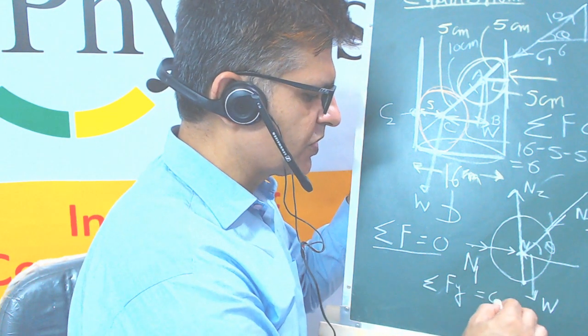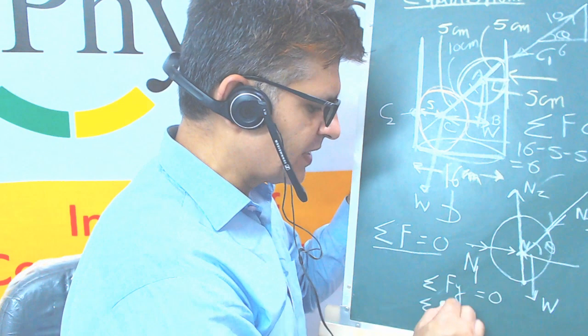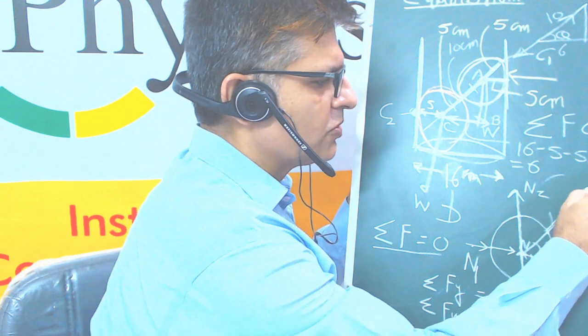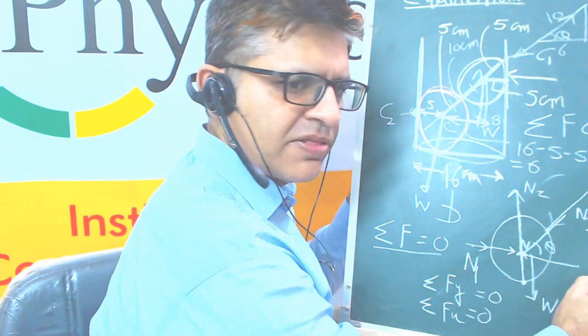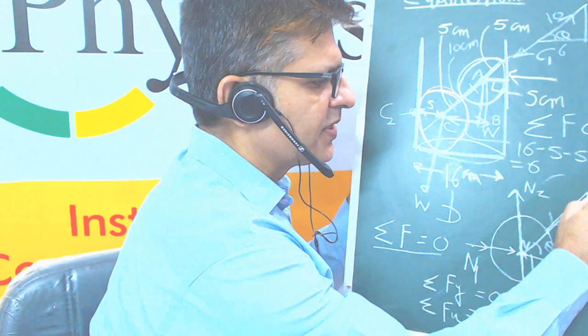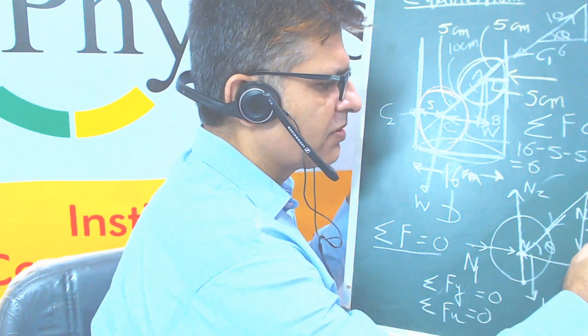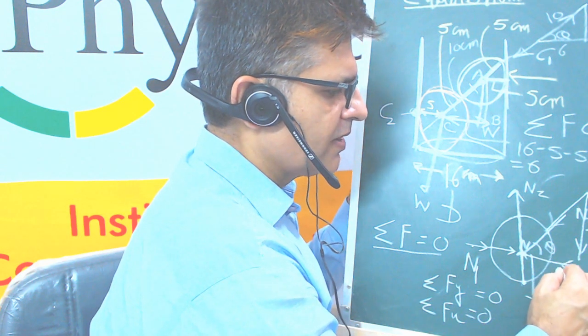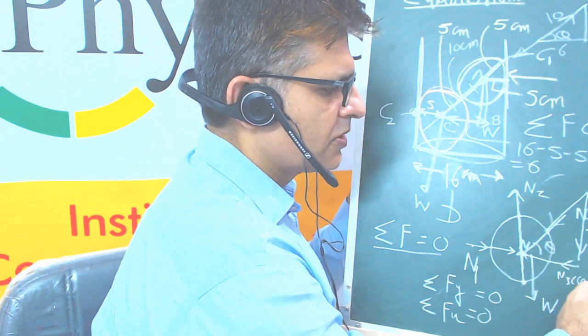And then you can write the sigma of horizontal forces to be 0. Obviously, you will need to do a resolution of N3. The N3 resolution is essentially this, right? So this is N3 sine theta, and this is N3 cos theta, right?